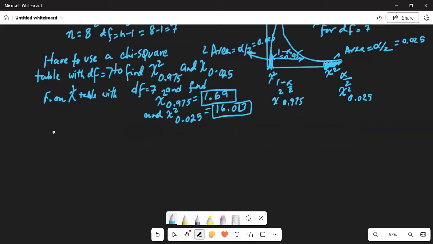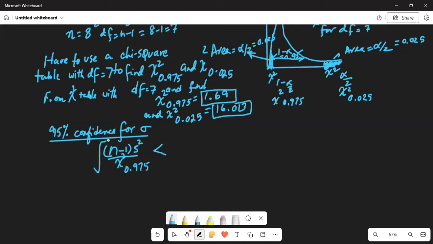The 95% confidence interval for sigma: the lower boundary is the square root of n minus 1 times s squared divided by chi-square 0.025, less than sigma.